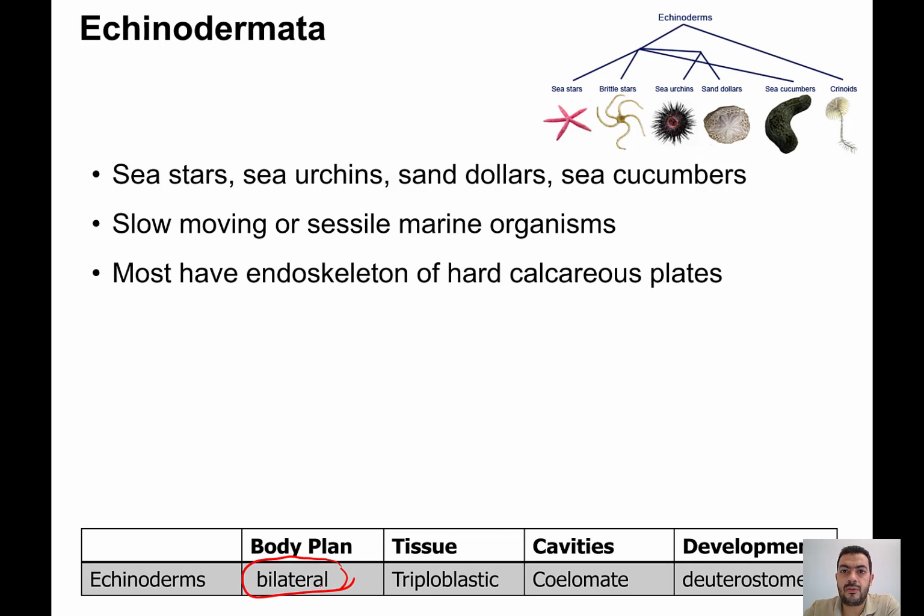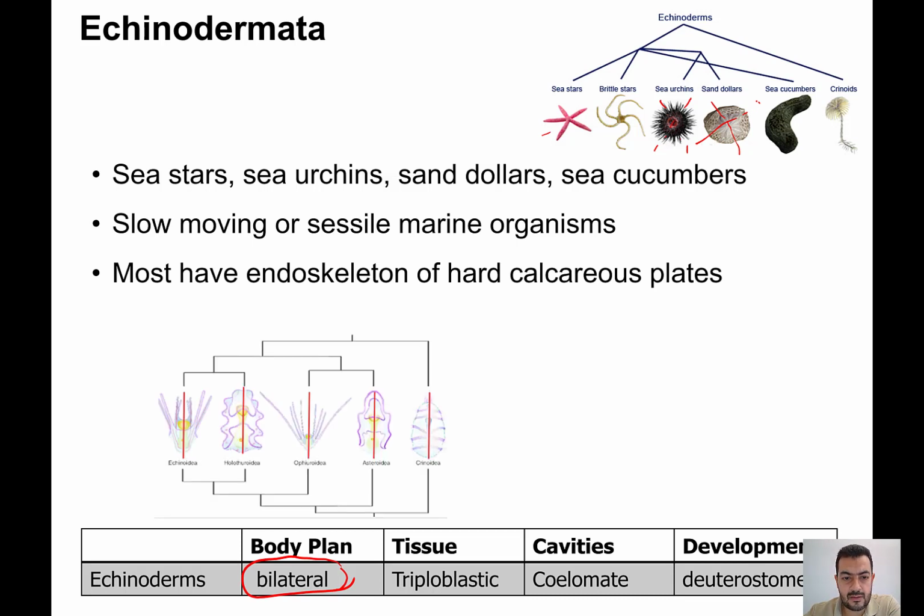If you go to these images, you may see that actually the adult stage should have this radial symmetry, something like that, and so on. So why is it bilateral?